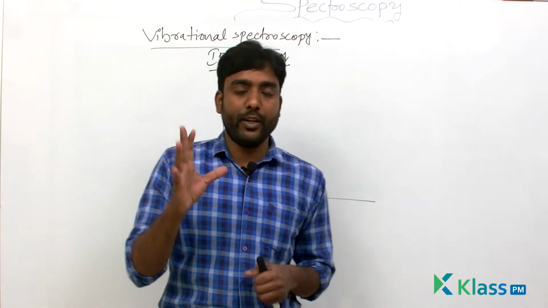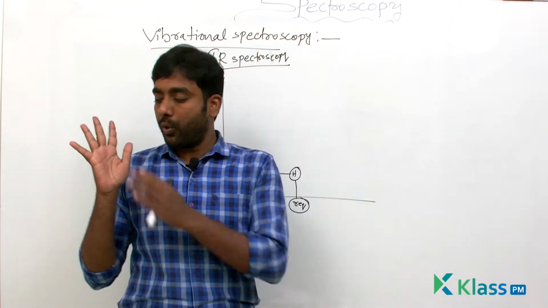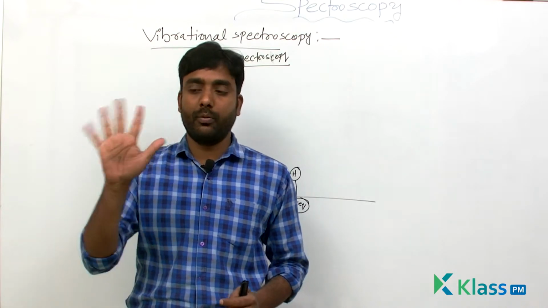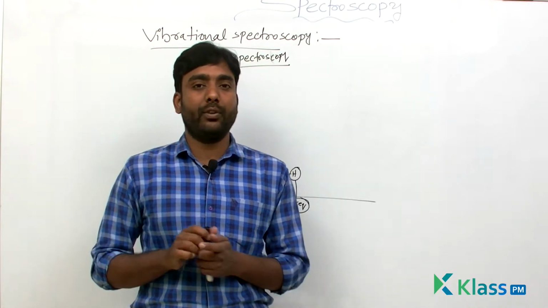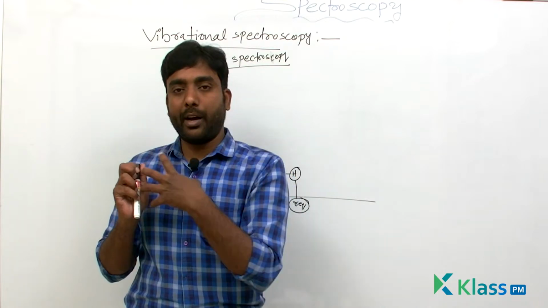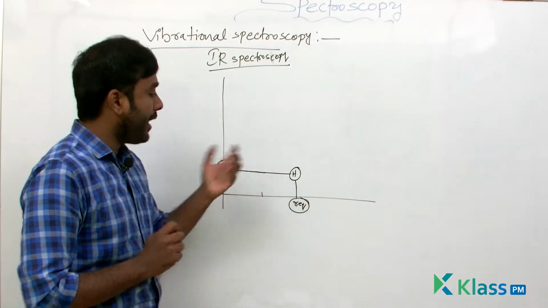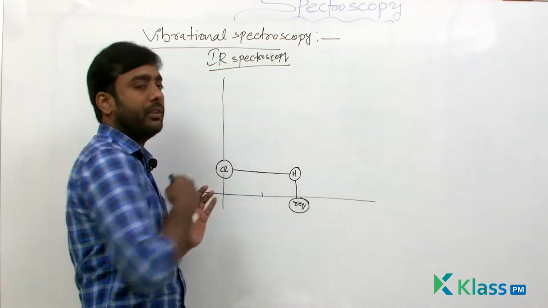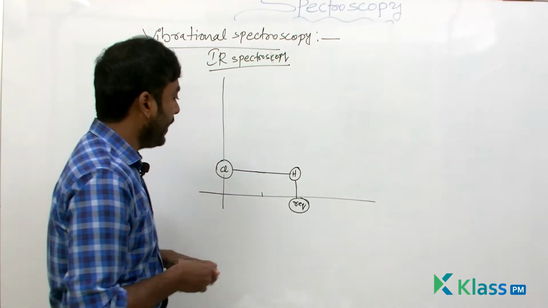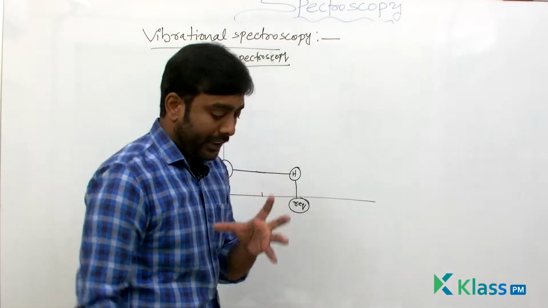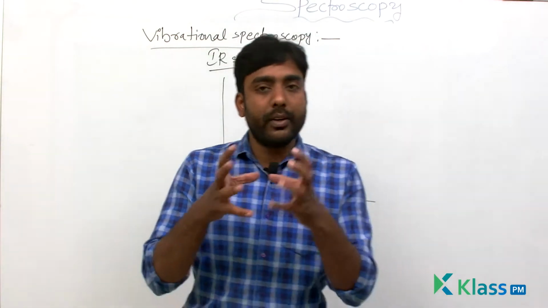It is like when you play with a yo-yo: you hold it in your hand, give it some force, and it will go and come back, go and come back. Like that, chlorine will stay in its position and hydrogen will vibrate like this. Now let's imagine a real life example.